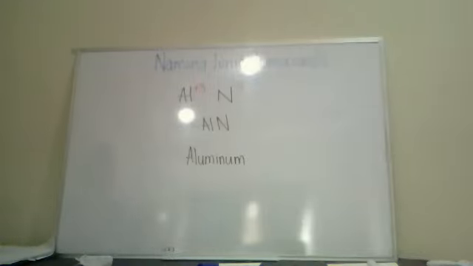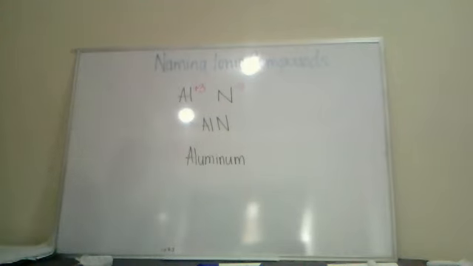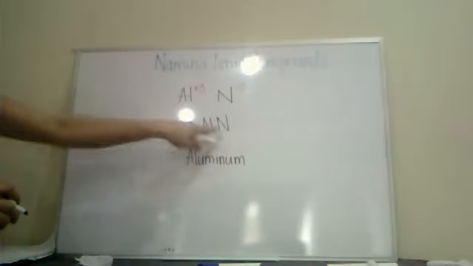Aluminum, if you see, it's a little bit to the right on the periodic table, so it's a metalloid. But we don't have a rule for a metalloid, so we name it the same way. So it's just aluminum. We don't put a parenthesis. So we have aluminum, and then we have nitrogen.